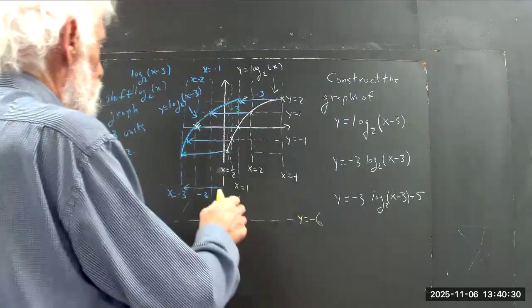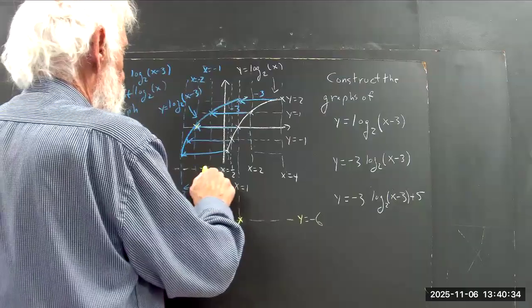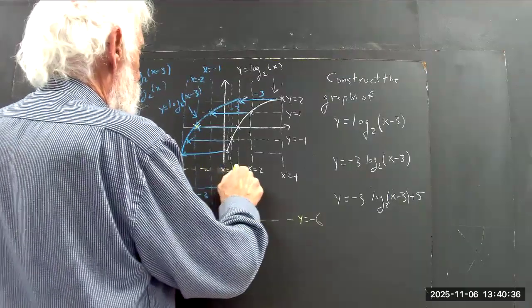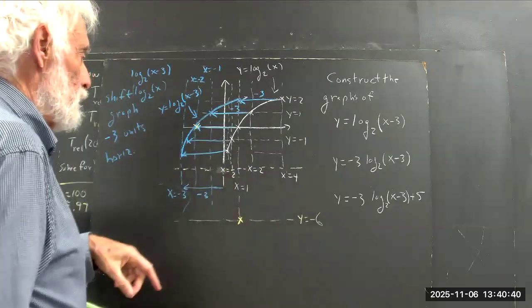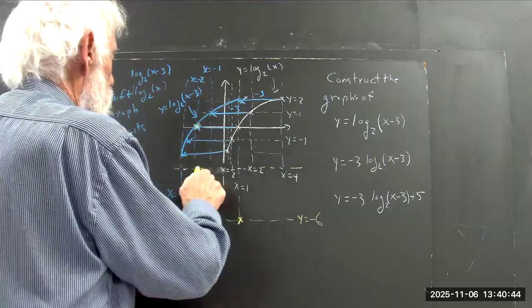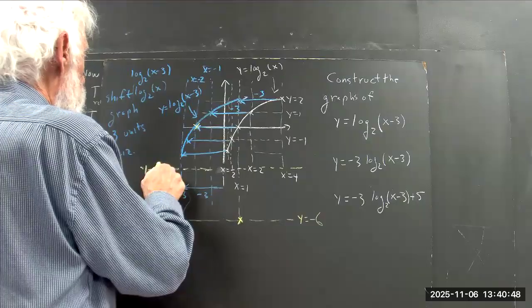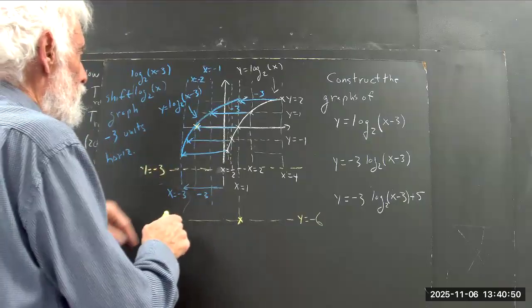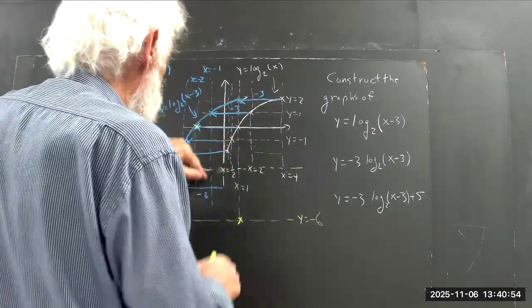Well, if this is y equals -6, then -4 would be about here, and y equals -3. Nice labeling here. I should have labeled my x coordinates a little bit lower. But this is the line y equals -3. And this point where y equals 1 will come down here.